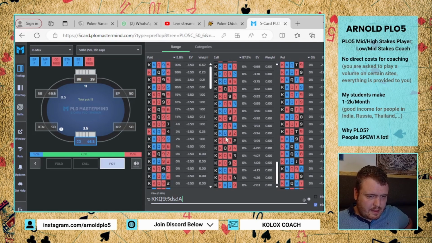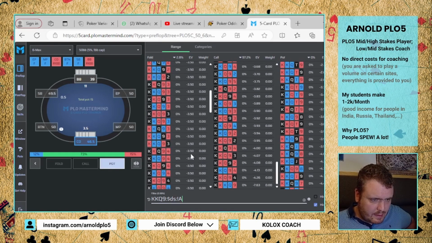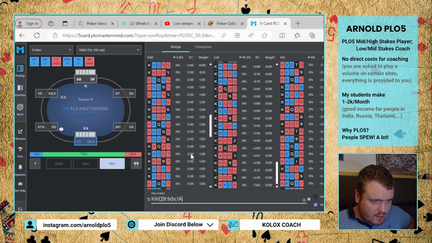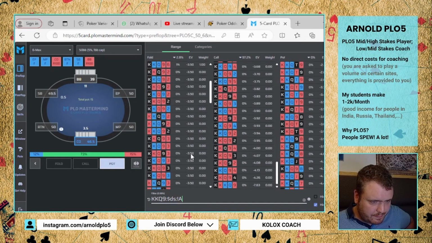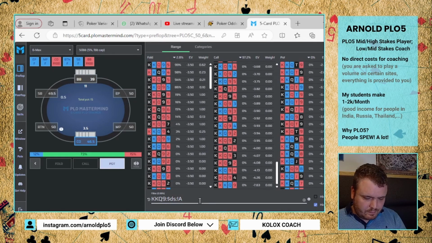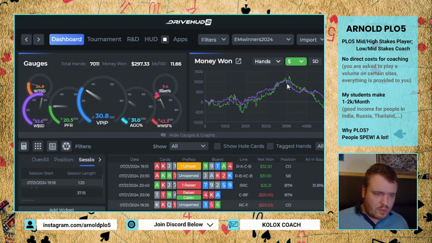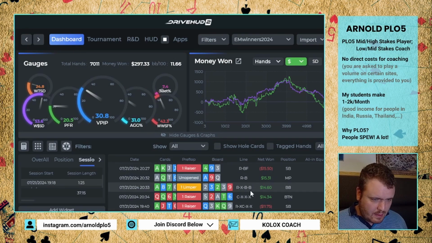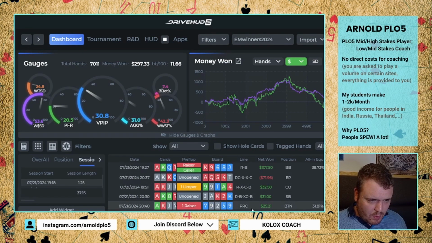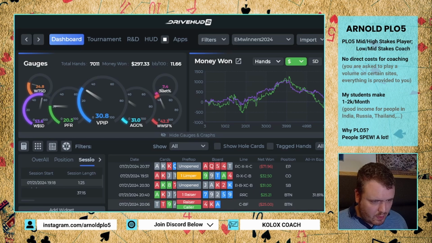But this is the hand I had, and it should be just folded. King, king, queen, 9 deuce. The pure double suited hand should be called, and the double triple suited should be folded. So yeah, it was not well played by me.